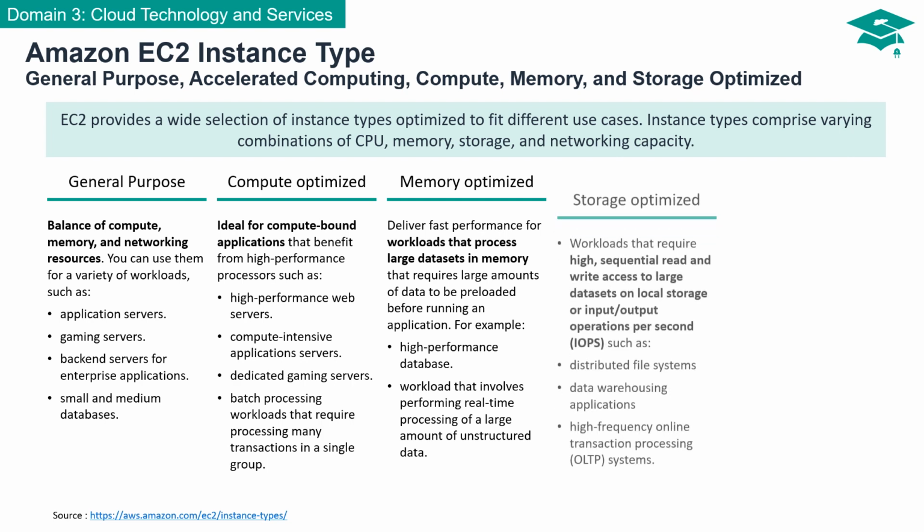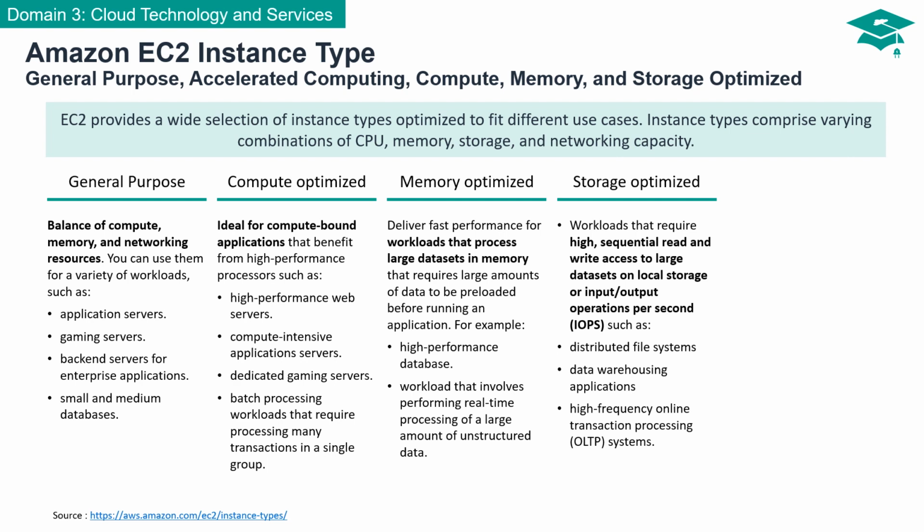Now, let's explore storage-optimized instances. These are perfect for workloads demanding high, sequential read and write access to large datasets on local storage or high IOPS, or input/output operations per second. Think of use cases like distributed file systems, data warehousing applications, or high-frequency OLTP, the online transaction processing systems.